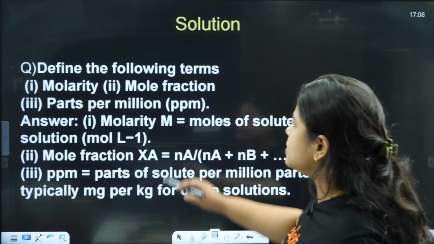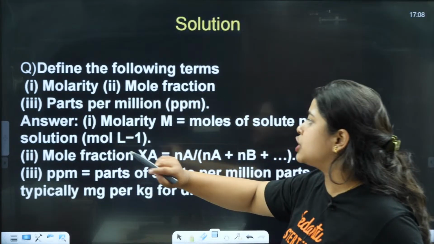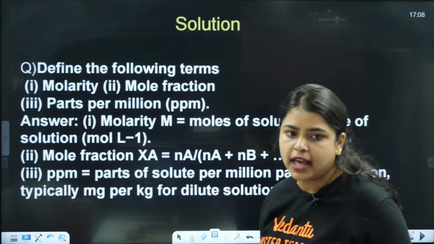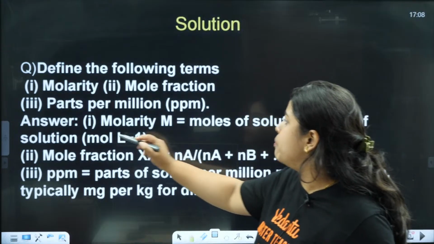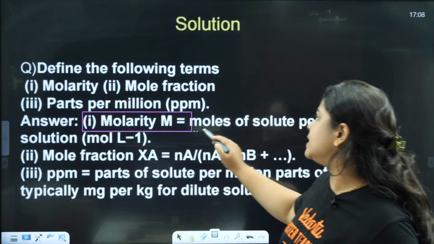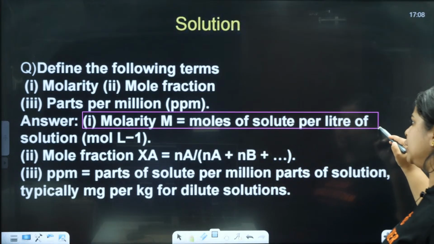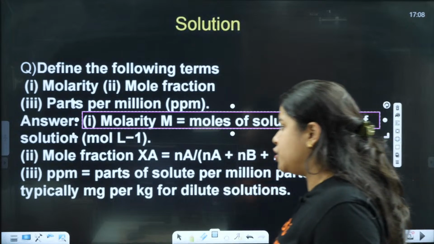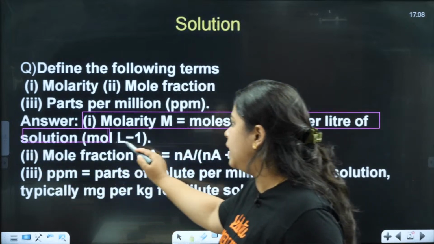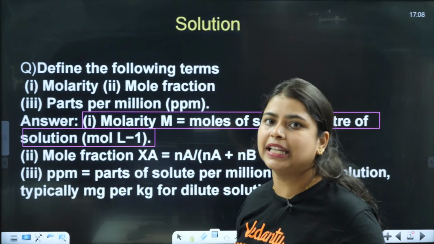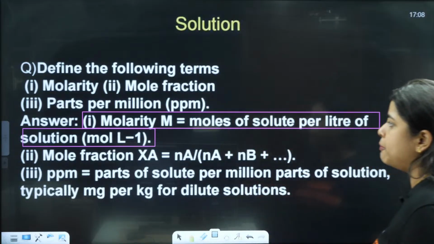Okay, so define molarity, mole fraction and parts per million. Hi everyone. So molarity is M, which is going to be moles of a solute per liter of a solution, that is moles per liter. That is called as what? Molarity.